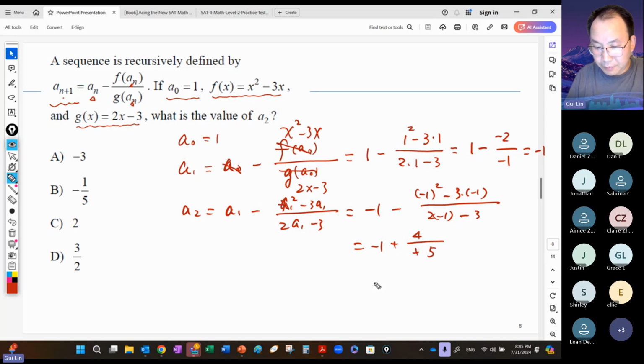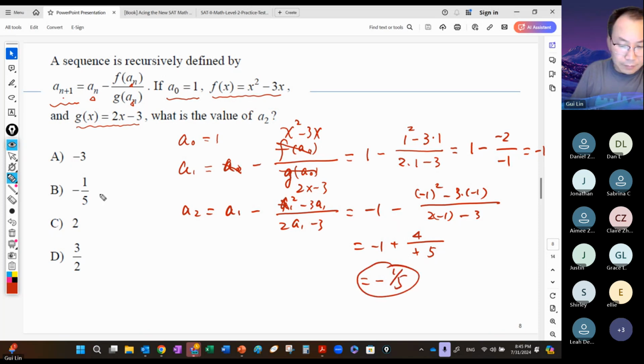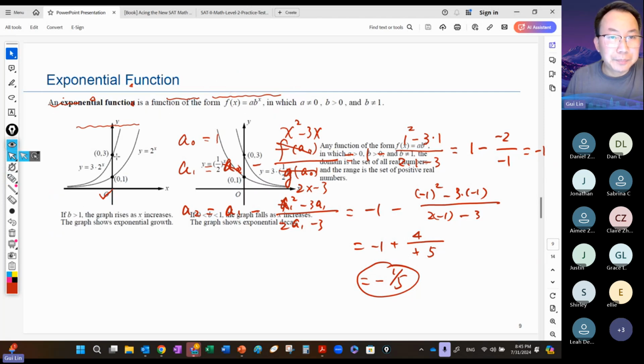It became positive, right? Oh, yes, I went somewhere wrong in this part. So it's a little bit complicated, but not so challenging, right? Right, let's move on to the next one.